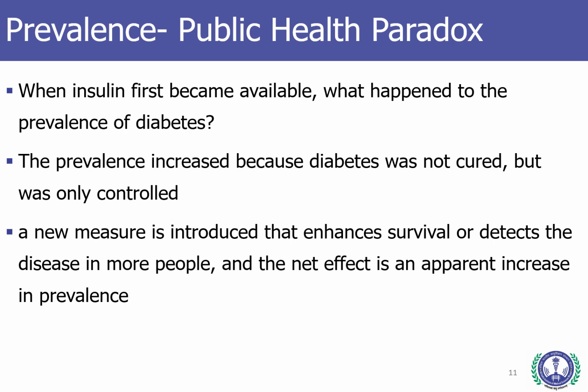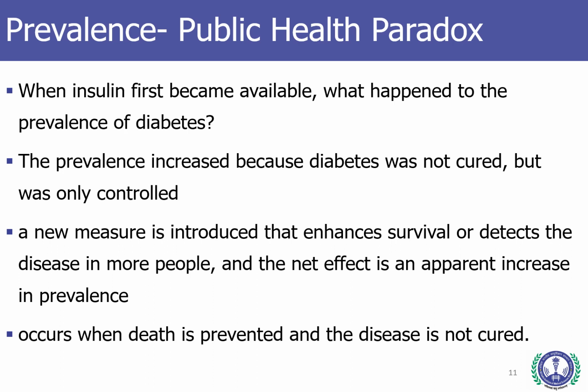Whenever a new measure is introduced that enhances survival or detects the disease in more people, the net effect is an apparent increase in the prevalence. It occurs when death is prevented or prolonged and disease is not cured. So this is the prevalence public health paradox.